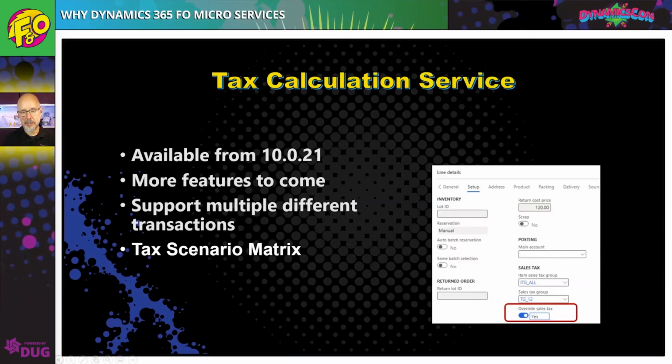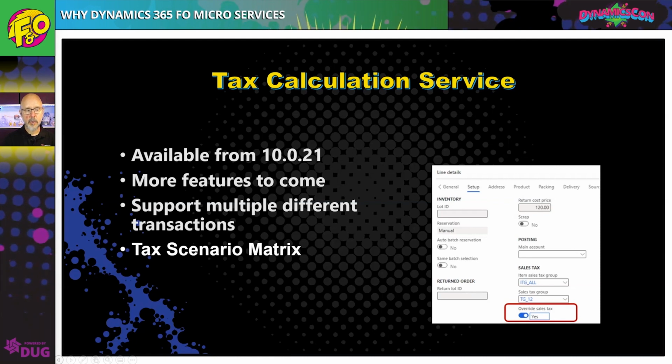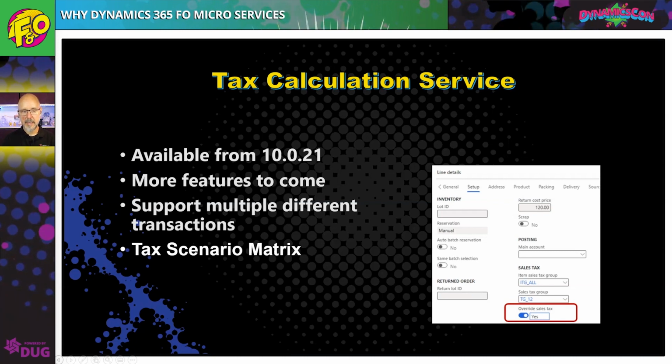The tax calculation service is actually one that I think is also quite interesting, because one of the things I've been arguing for a while is that, for instance, tax reporting is one of these specific things. Since you're sending tax reports to the government, it has a very specific rule set to do this.